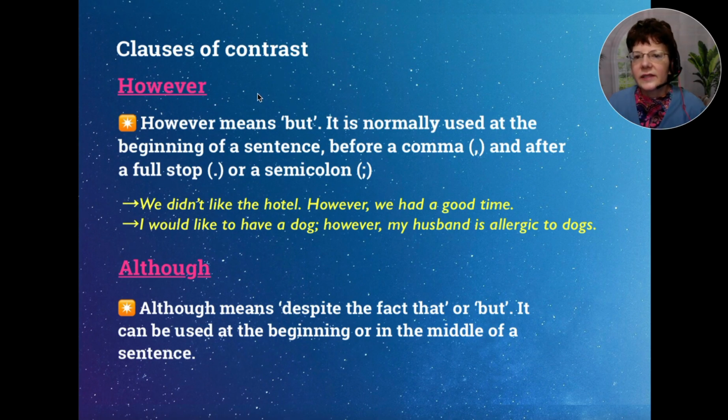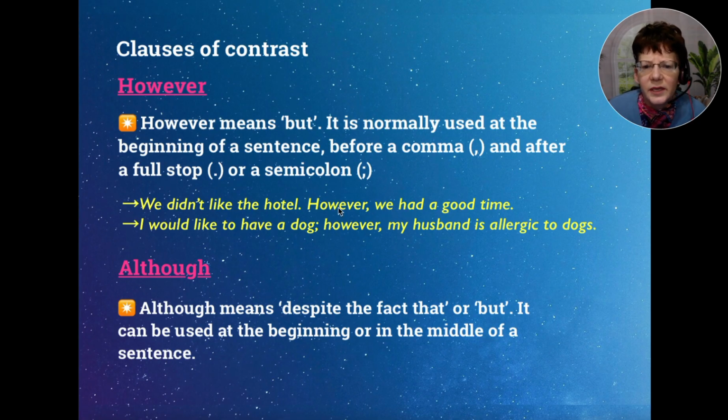Okay, clauses of contrast. Let's talk about however. However means but. It is normally used at the beginning of a sentence, before a comma, and after a full stop or period, or a semicolon. For example, we didn't like the hotel, period. However, comma, we had a good time.